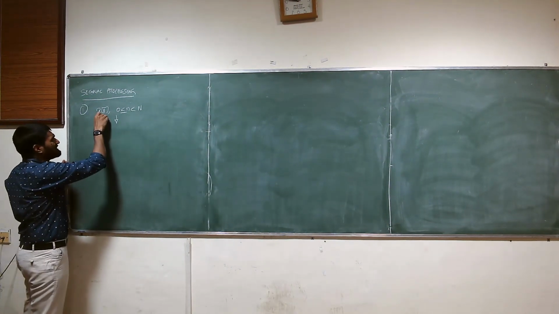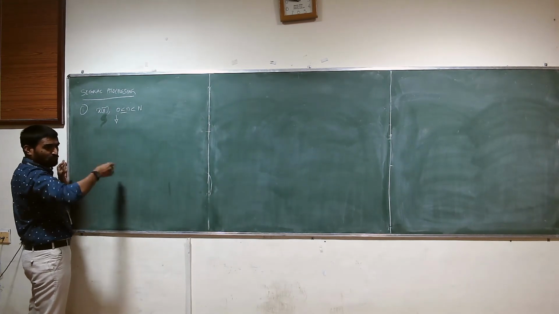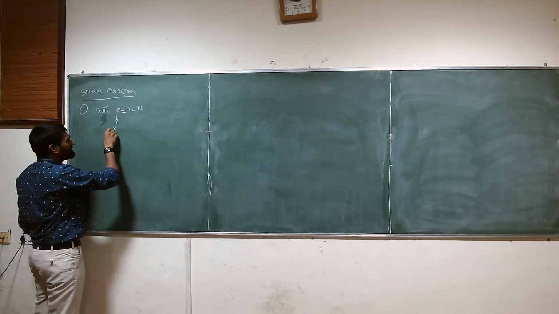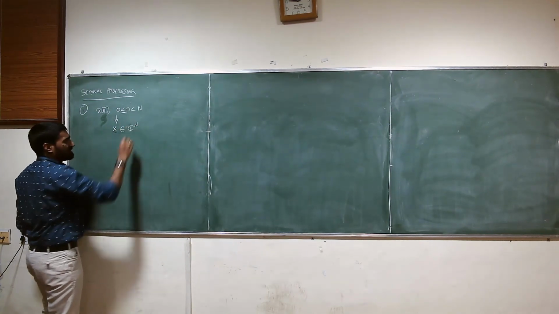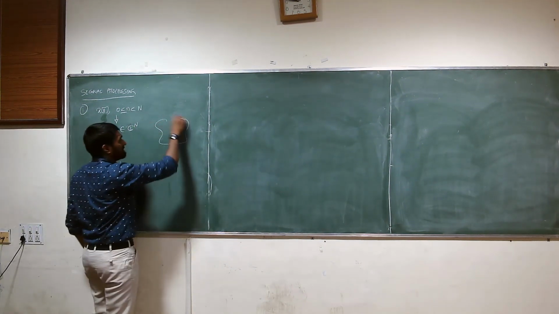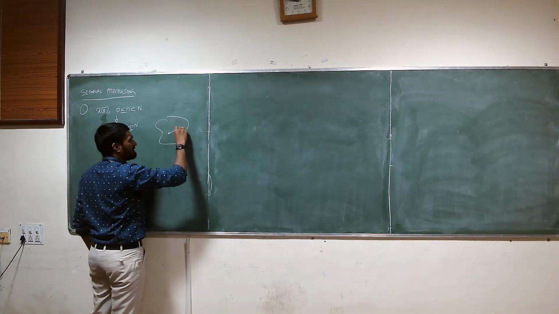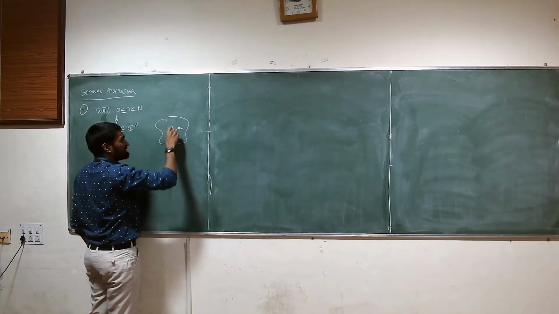Right. Since it's a finite set of numbers where the order matters, what value corresponds to what time, we can think of this as a vector from R^N or C^N. That means this is C^N and this is my origin. My time domain signal is now a point in a high dimensional space represented by this vector.